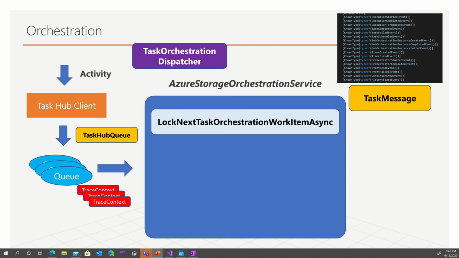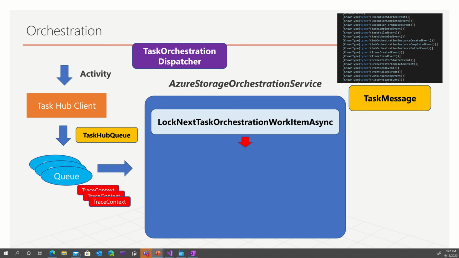For example, this orchestration has just started, or this orchestration is completed, or this is terminated, or something like that. All of the status is inside of the task message, so we can define the status of the orchestration service inside of this method. So first of all, before executing the actual orchestration functions, this method works, and it gets the queue and analyzes it, and we can check the status.